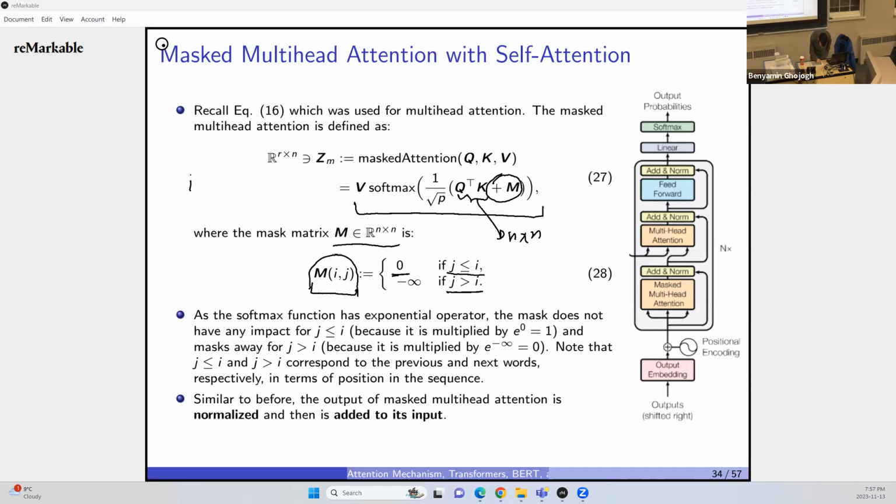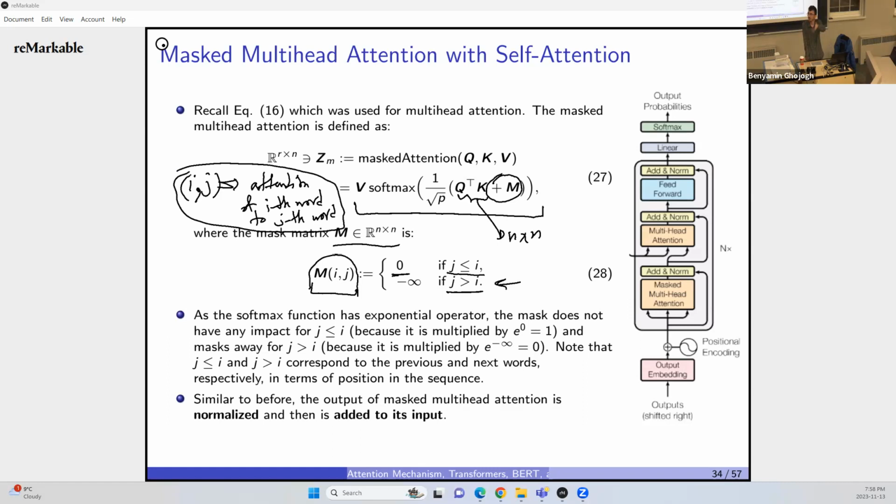So when I say ijth, it is the attention of the ith word to the jth word. Now consider this. If j is greater than i, what? Yes, I'm correct.